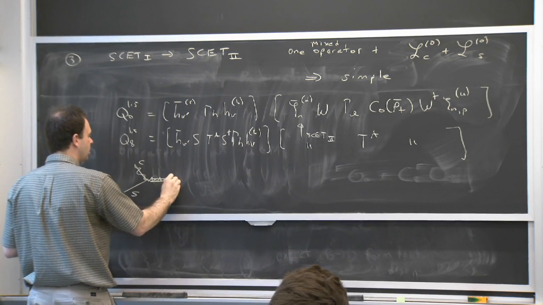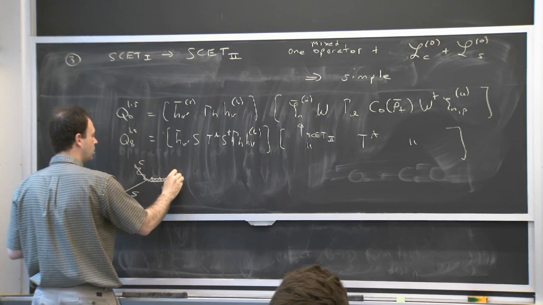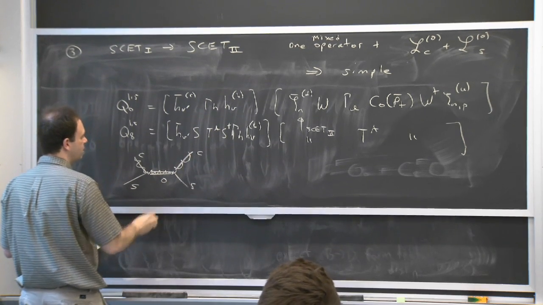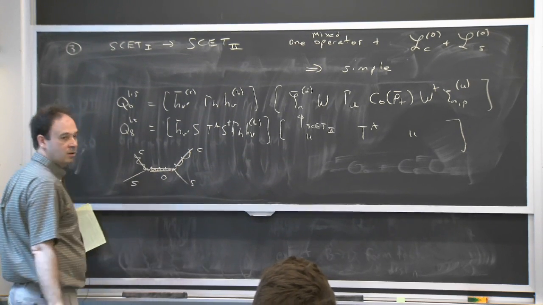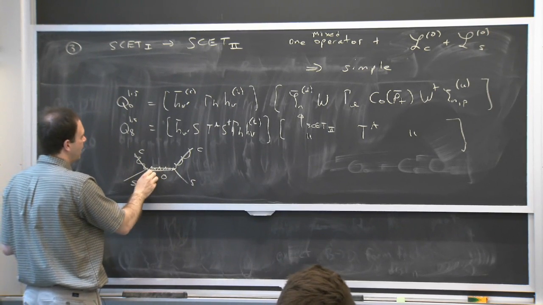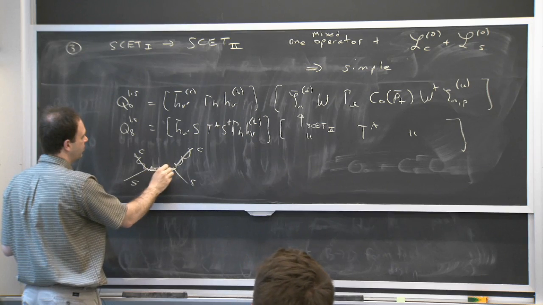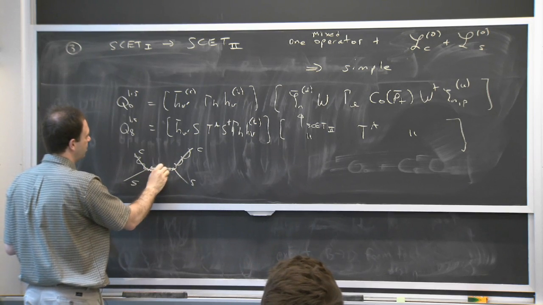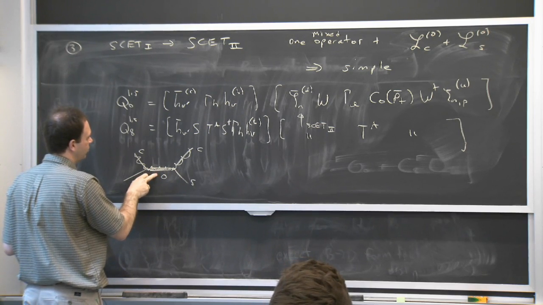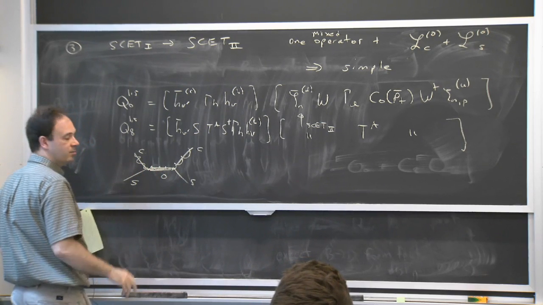Some off-shell field, O, say like this. So this is a T product of two things, rather than just one thing, that mix soft and collinear. And this field here was off-shell, a product of the plus and minus momentum of these guys.